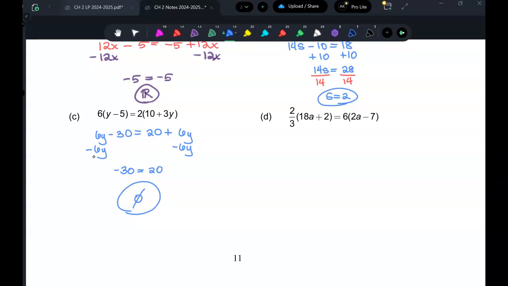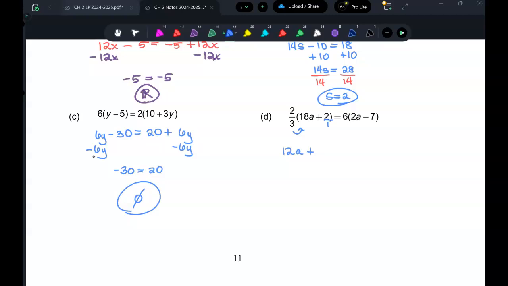All right, one more. So 2/3 of 18 is 12, so 12A. Can we use a calculator? We could use our calculator for this.